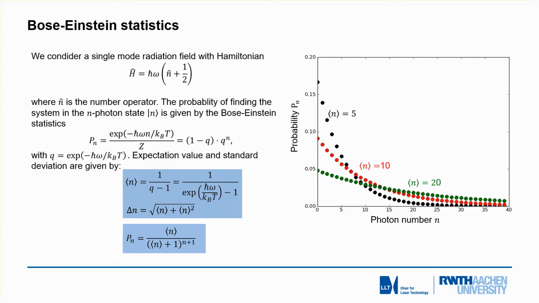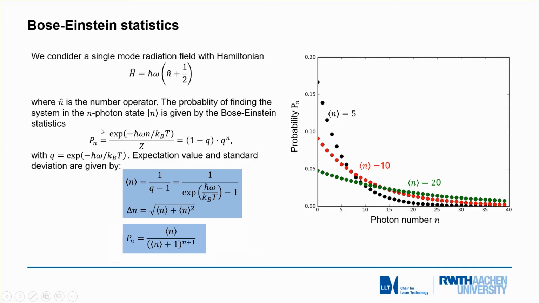If we look at the statistics for a thermal emitter, we can use an ansatz using a Hamiltonian, which is actually a harmonic oscillator, sorting the square of the electric field, that is the intensity, the photons. So we make a photon count, and if we look at the probability to find an n-photon state, which is given by this notation here, we use the Bose-Einstein statistics, which basically work with the thermal distribution.